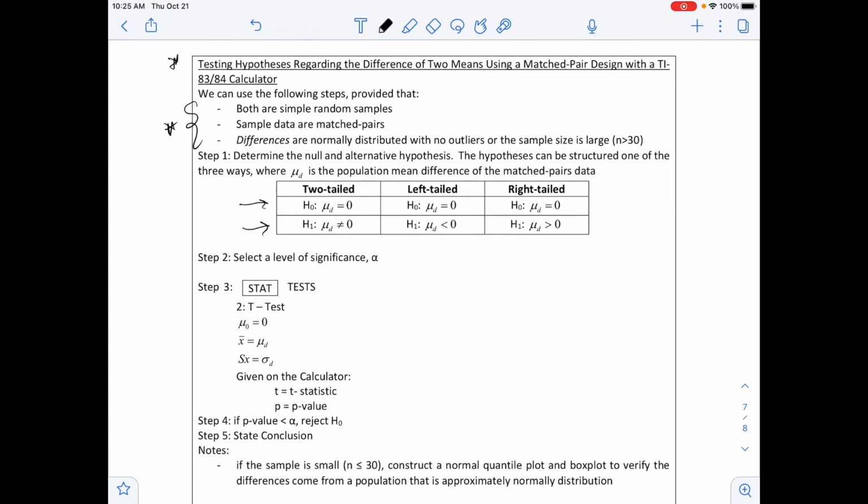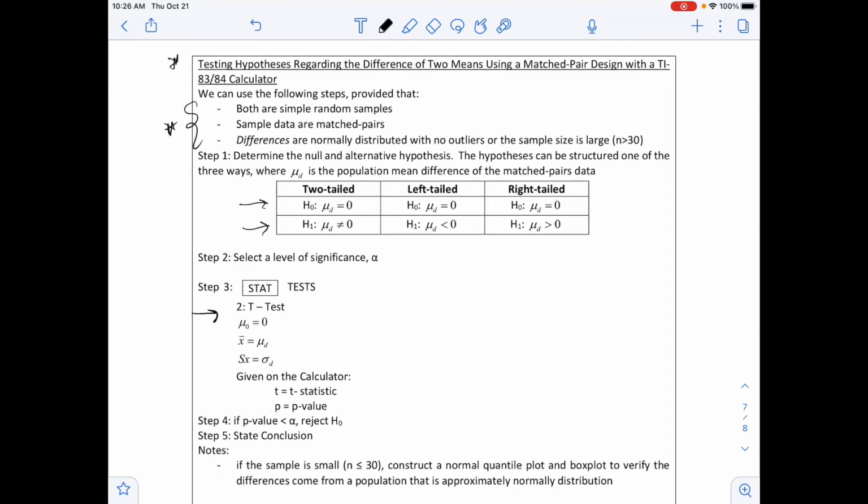Next thing that you're going to do is look for your level of significance alpha if it's given to you, and if not, select a value. And then you'll notice that for the third step, we go to stat, test, and then to T-Test, which we saw in the last chapter. In the last chapter, we used T-Test because we were given one set of data. And we are here because we subtracted them to find that difference.